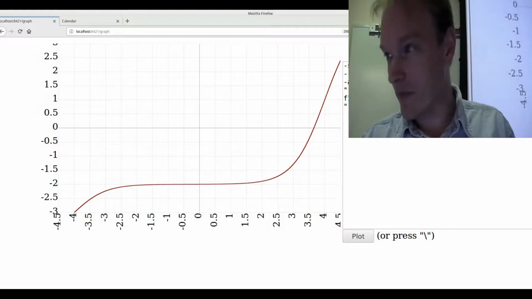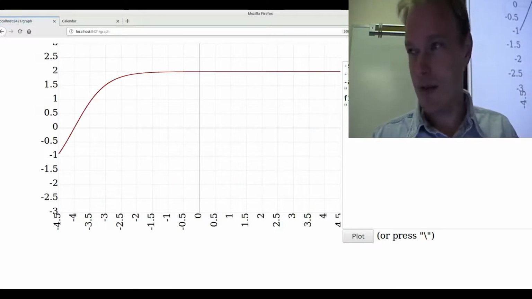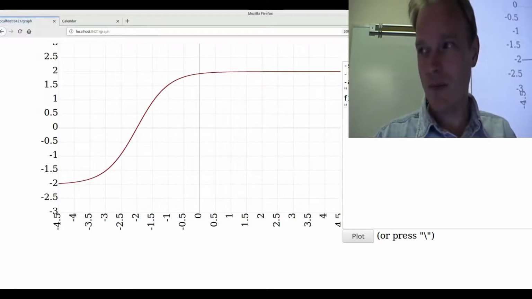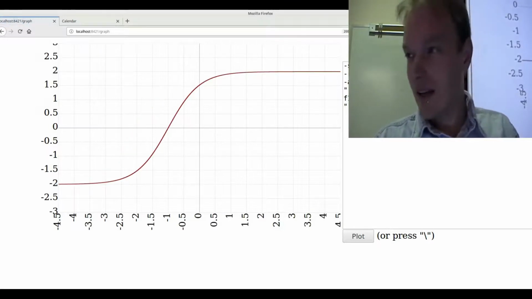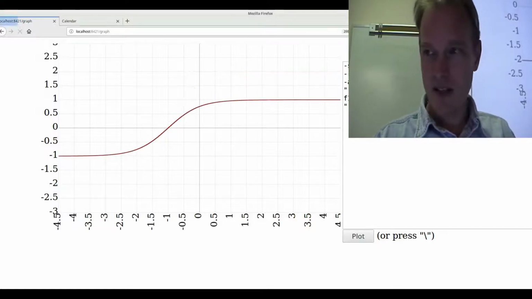Okay, let me put it this way. Here is a single tanh. I can shift it left and right by adjusting this value inside of the parentheses. I can stretch it up and down by adjusting this value that it's multiplied by.